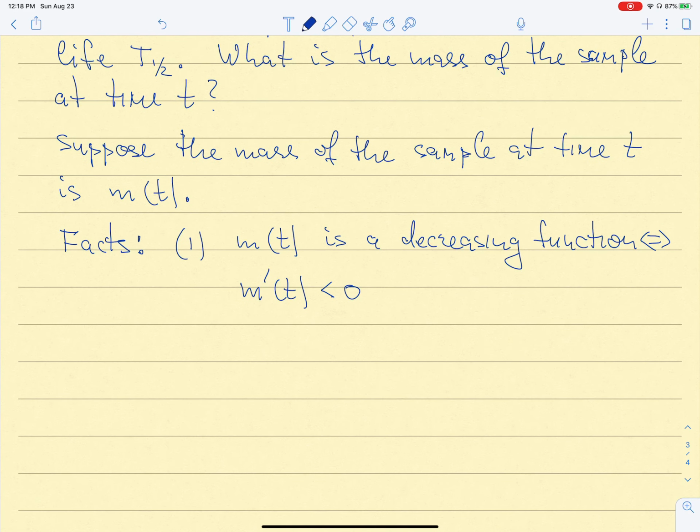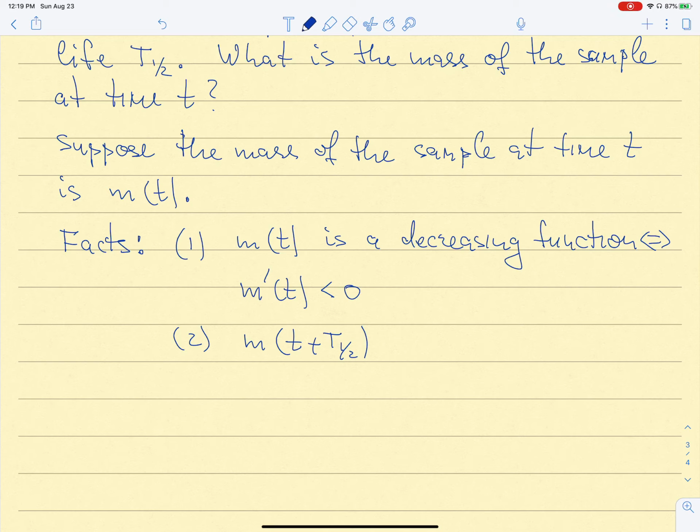All right, number two, we know that mass at t plus T 1/2. So whenever I consider some mass at the time t, if I add the half-life time to t, then what should I expect?